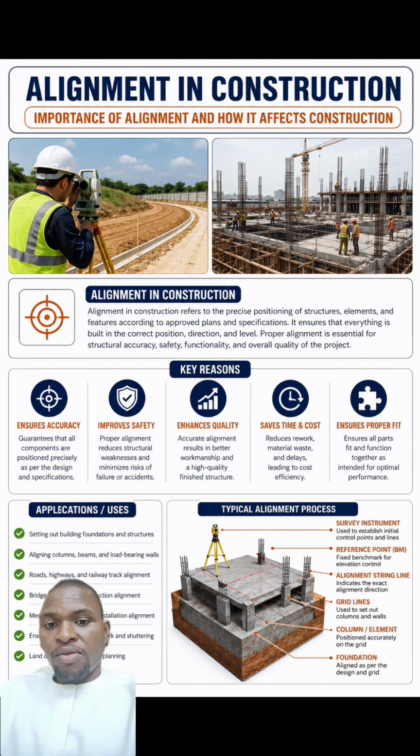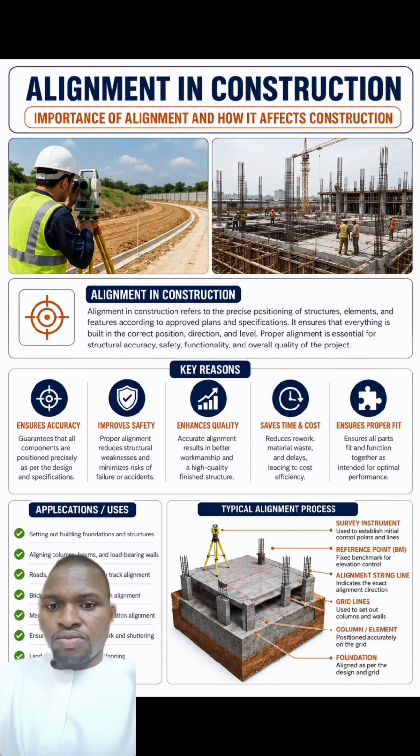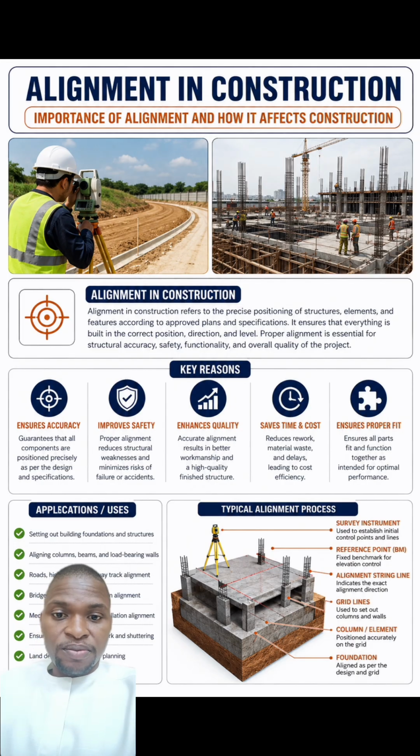You understand? So we're going to see the key reasons why alignment is used in construction. The first point is to ensure accuracy. So, for you to have that accuracy on site, it is very, very imperative to ensure that the proper alignment of all the structural elements is in place, right? It guarantees that all components are positioned precisely as per the design and specification.